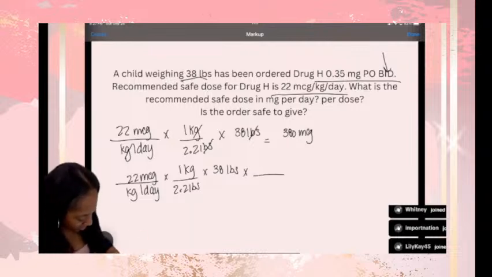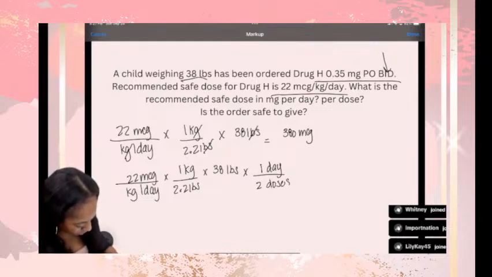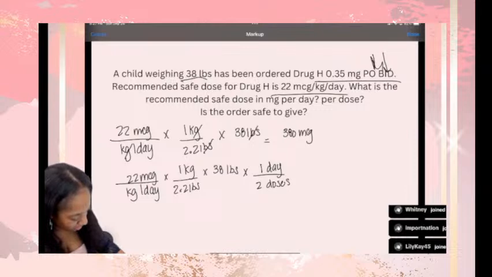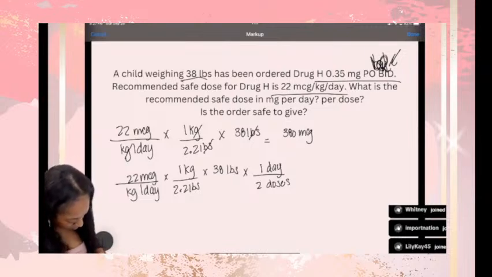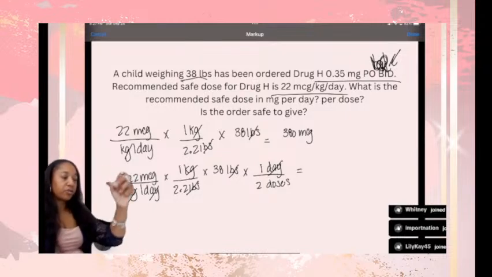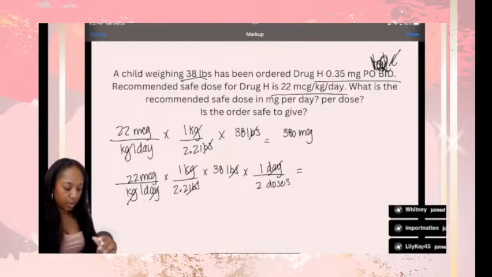Now, in one day, there are 2 doses. And we got that from right here. Right there, okay? So, kgs cross out, pounds cross out, days cross out, and now you're left with micrograms on top and dose at the bottom.